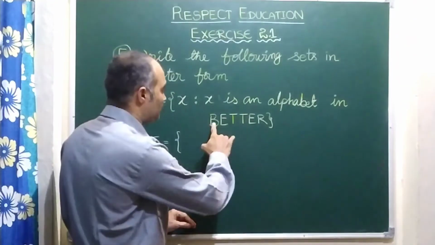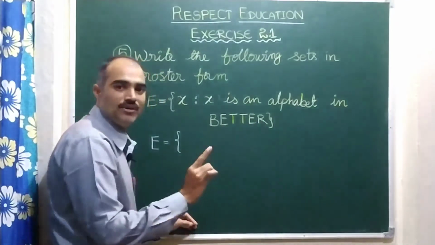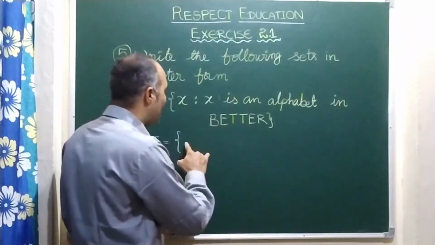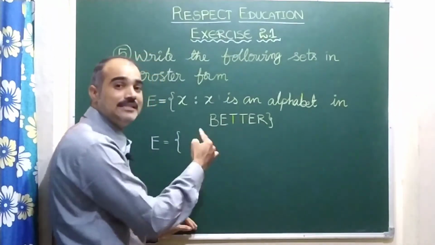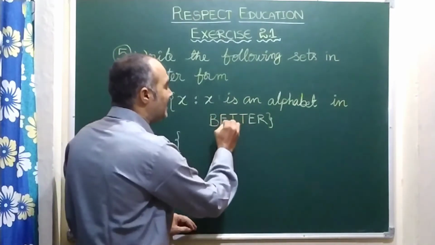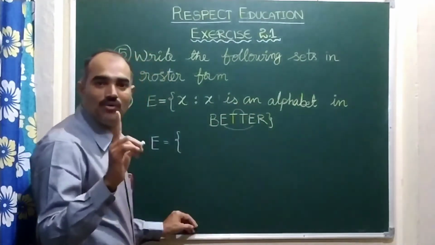That means whether you write B or E or T or R first, it's not a problem. And another thing is that the set should have distinct elements. So here you see E gets repeated, T gets repeated, but you should write only one time.